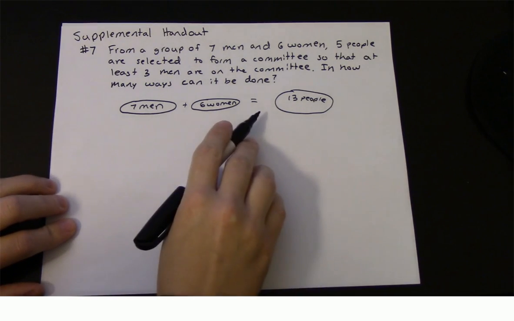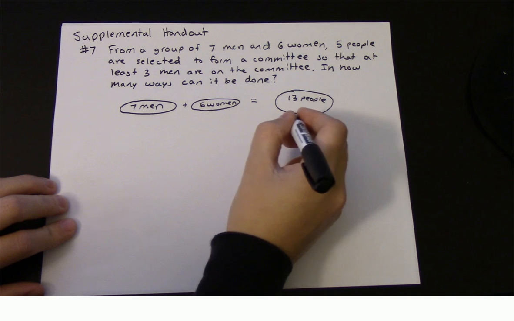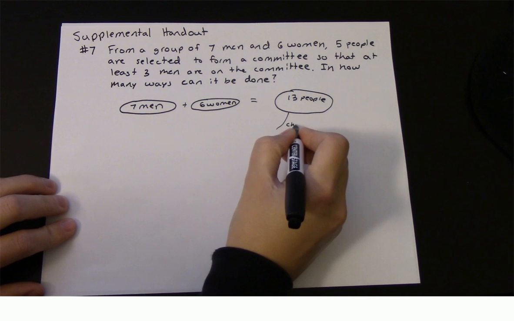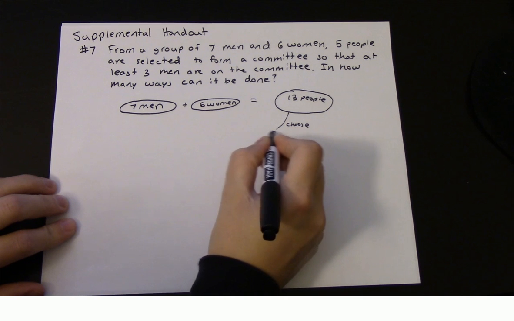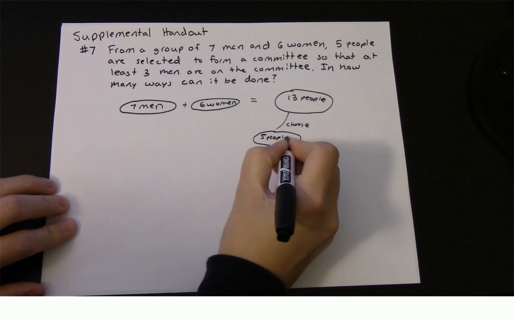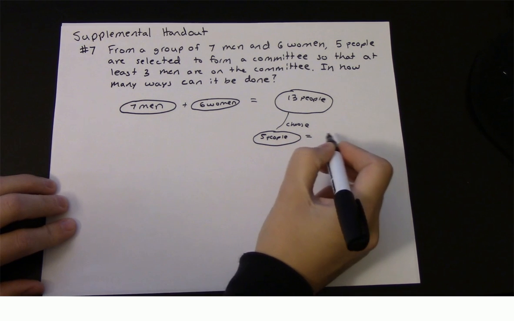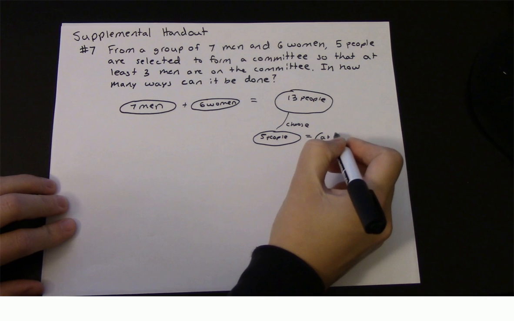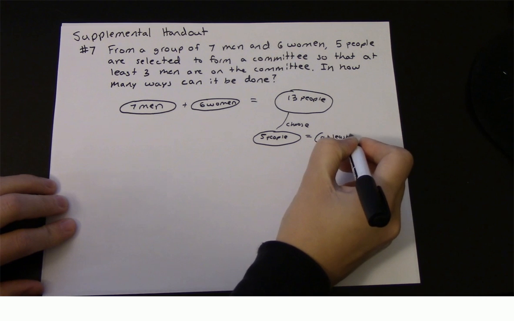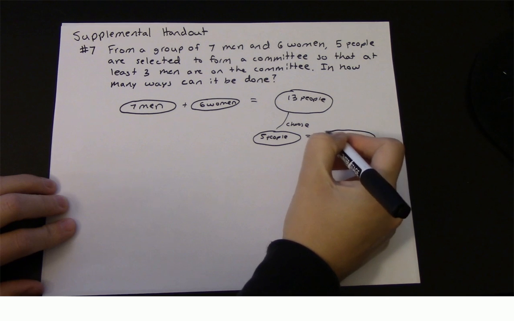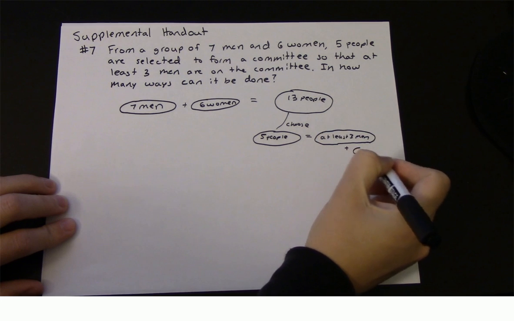From the group of the 13 people, we are going to choose 5 people, right? But these 5 people must be composed of at least 3 men, plus possibly women.